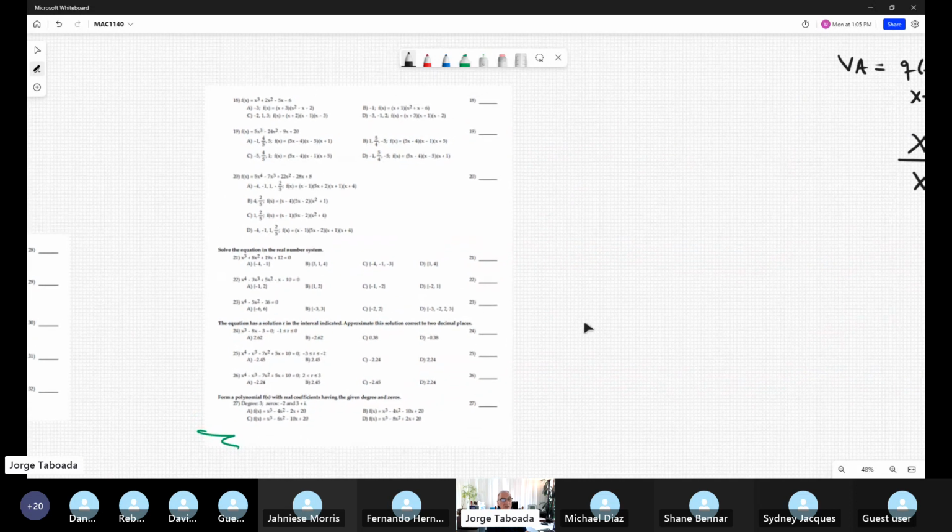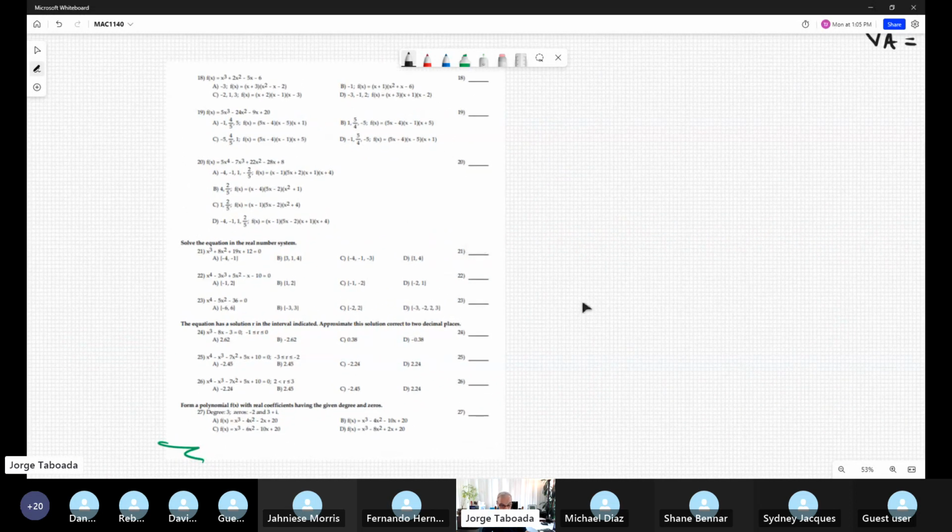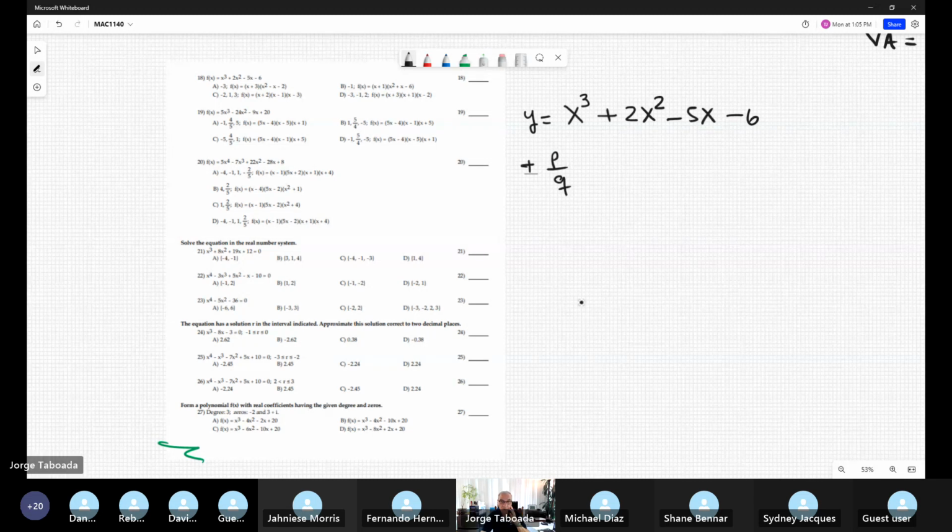18 is, well, this is complicated because it's impossible doing by the regular factorization that you know in college algebra. Well, okay, but however, I take the famous plus or minus p divided by q. p is 6.